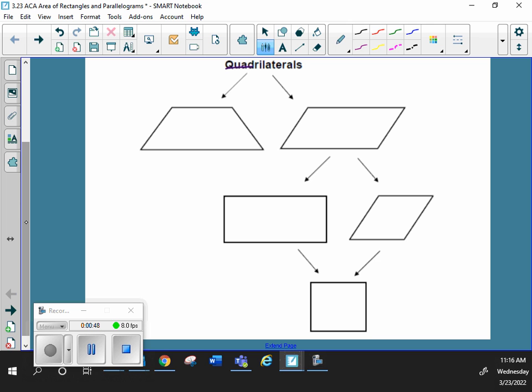So let's see which ones y'all know. What is this shape right here? This is a trapezoid. Okay, so you can label that trapezoid. We're going to add some stuff to that, but we'll just put that there. Anyone know what this is called? Parallelogram.